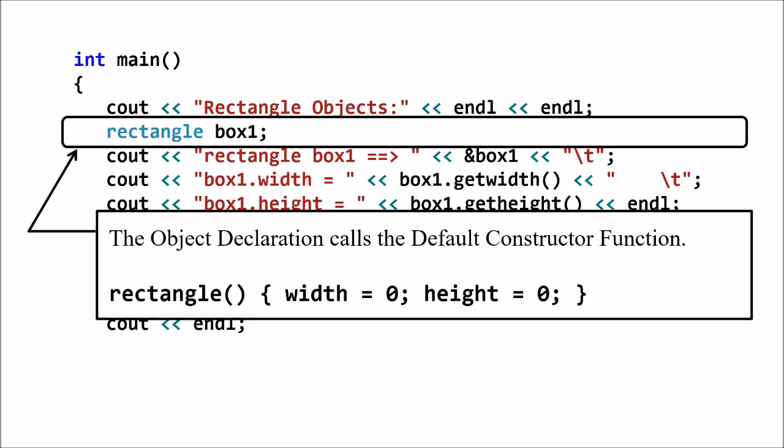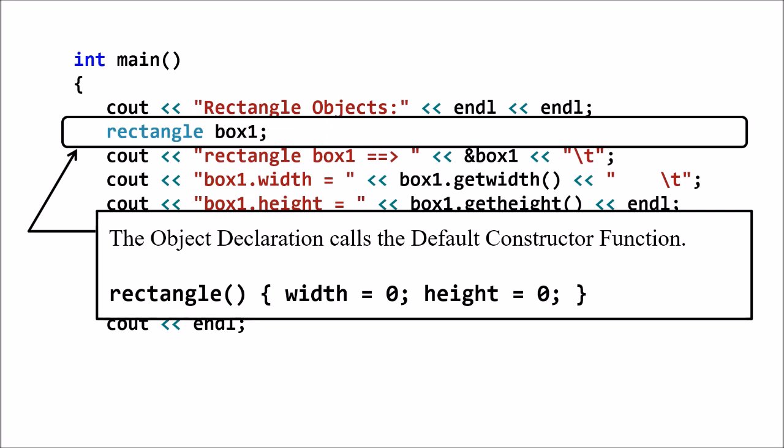This is a function call to our class member functions, and when this line is executed inside the main function, it performs a function call to the default constructor function because we haven't included any parameters in this function call, so it calls the function that takes no parameters, and that is the constructor function rectangle, then closed parentheses, and then inside the braces width equals 0, height equals 0.